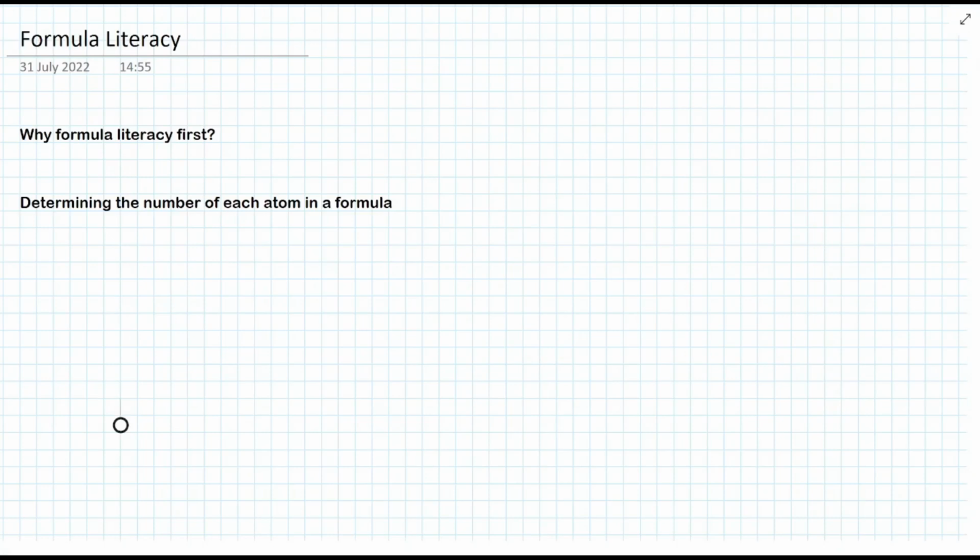So why am I starting off with formula literacy first? Well, in my experience teaching A level, every once in a while a student gets almost irrevocably stuck on a topic. And when they're working back through what they've done, it seems they find it hard to discern between what is a sensible, realistic compound or product from one that is just a random assortment of atoms they have left at the end.